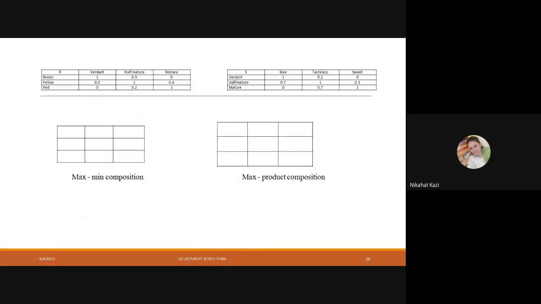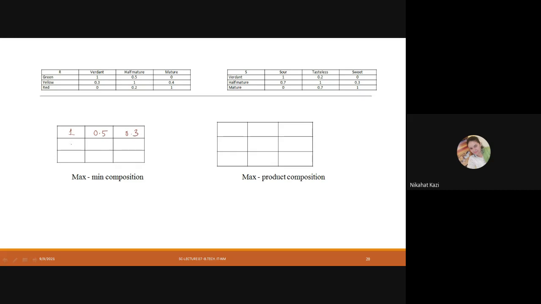So now, simple max-min. In fact, these relationships are very small. Tell me what values you have got. Let us verify. Tell me what values you have got as part of max-min. Can anyone tell me? 1, 0.5, 0.3 first row. 0.5, 0.3.